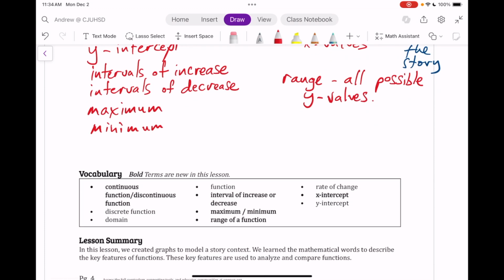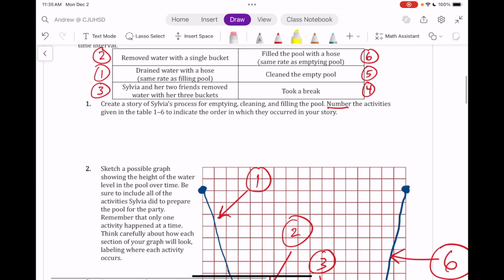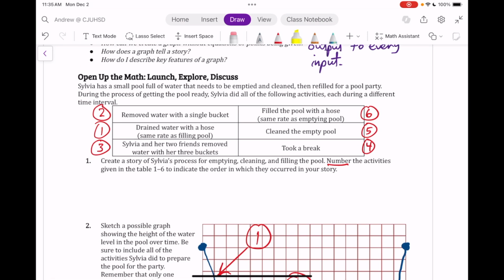Of the vocabulary here, we talked about just about all of them. Rate of change was present here. Rate of change was found in the story when it said that the water from the hose went out at the same rate as filling the pool.